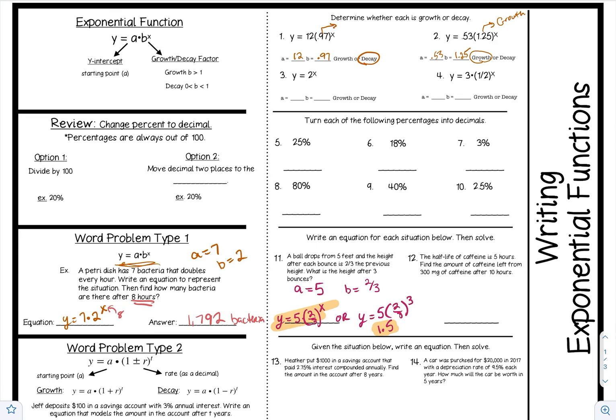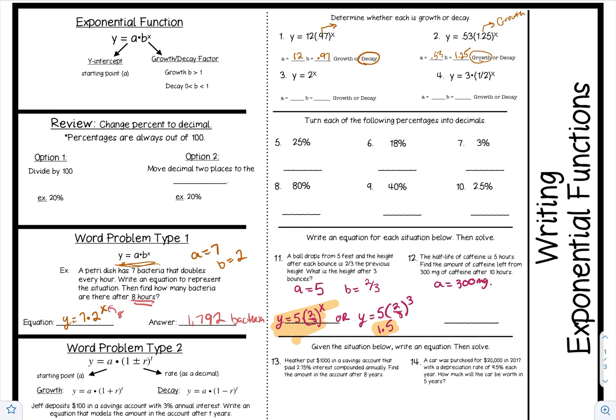All right. So we have what we're looking for here. Now with number 12, the half-life of caffeine is 5 hours. Find the amount of caffeine left from 300 milligrams of caffeine after 10 hours. Well, if we start with 300 milligrams of caffeine, that's our a, and it has a half-life of 5 hours, and we want to know how much caffeine is left after 10.